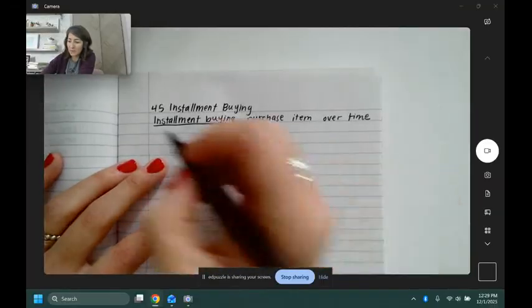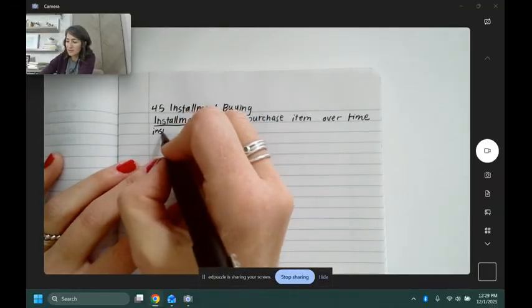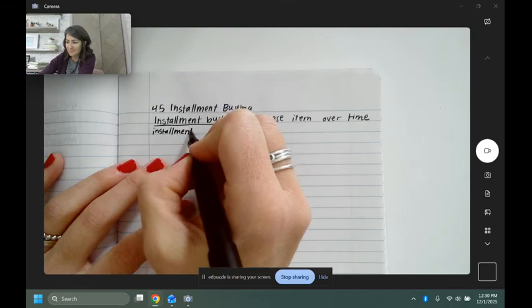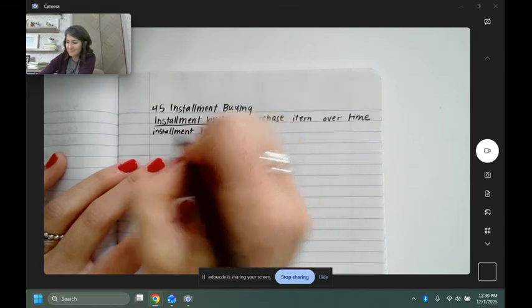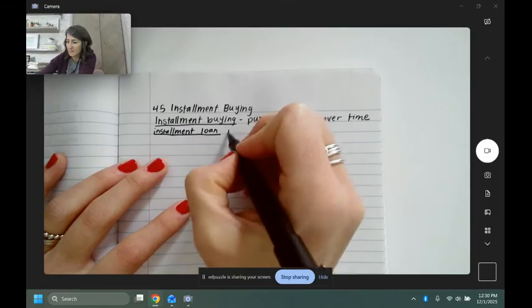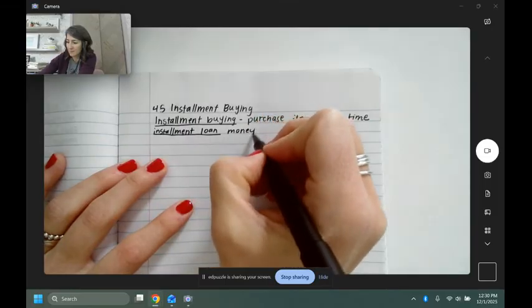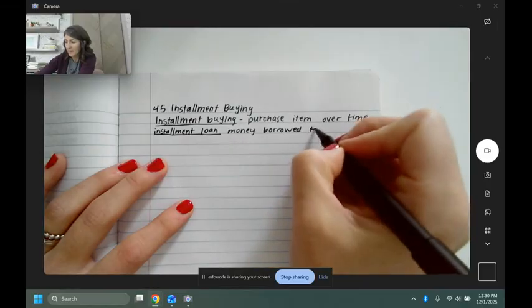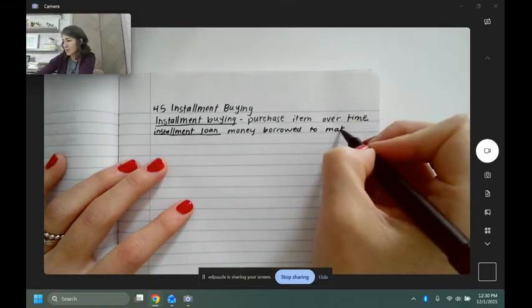And an installment loan is the type of loan you take when you're installment buying. This is money borrowed to make one large purchase.